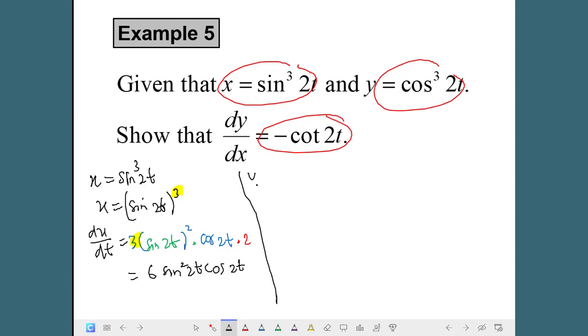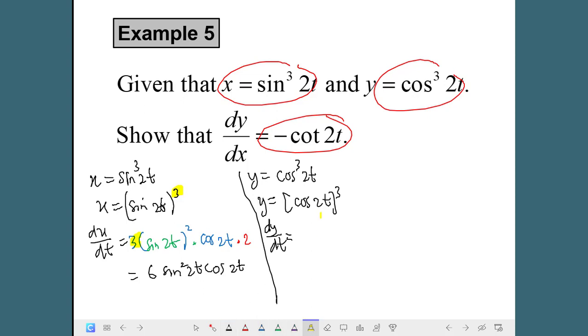For y equals cos 2t cubed. Okay, write in this form, (cos 2t) cubed. So from outside to inside, alternate. Differentiate y with respect to t.